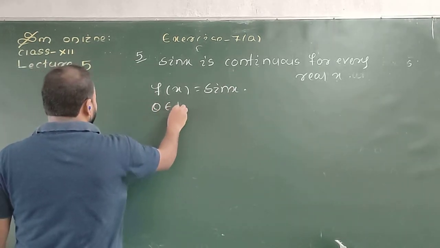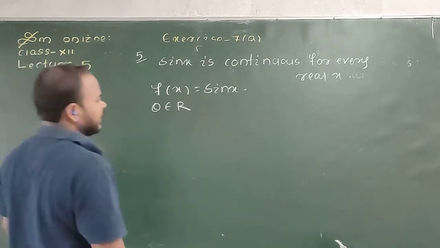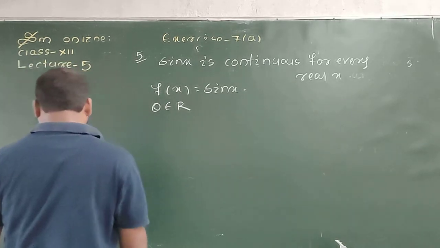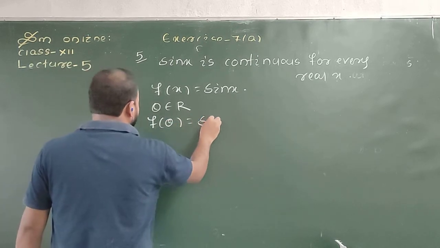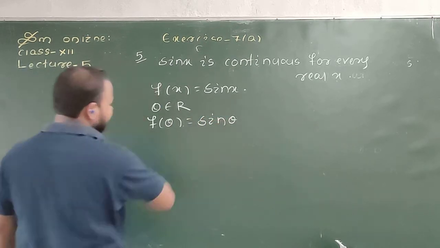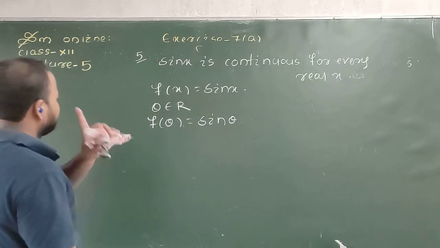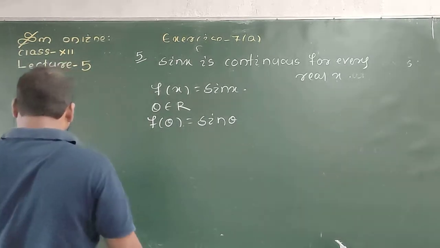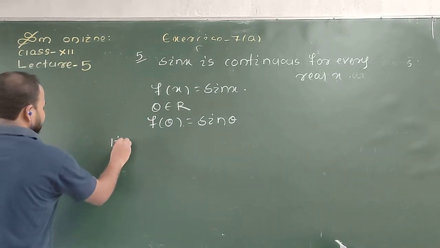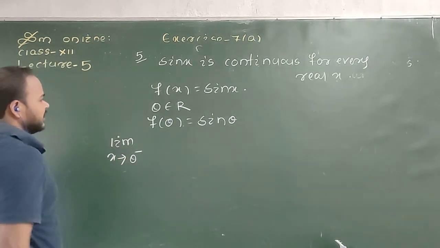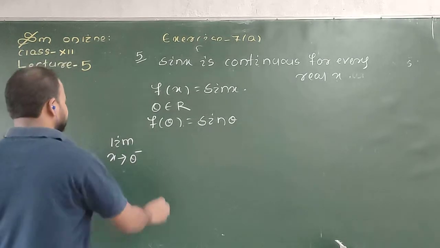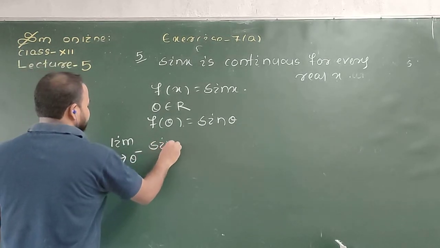Let theta belong to R, that is, let theta be a real number. So f of theta equals sin theta, so f of theta exists. Now the left hand limit, that is limit x tends to theta minus sin x.